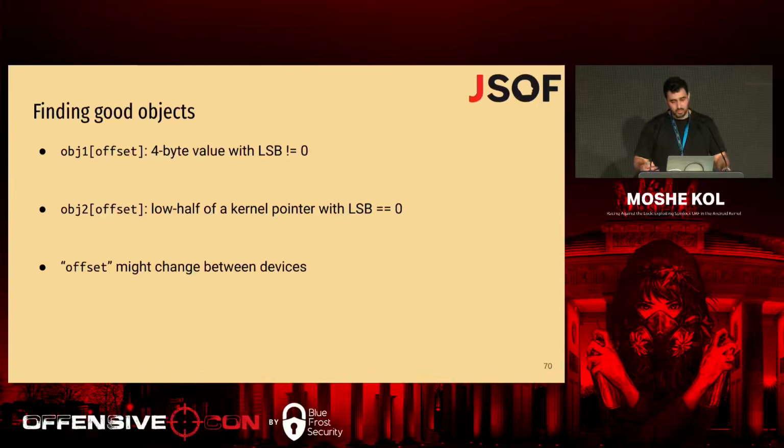And for the second object, we need to have a low half of a kernel pointer with a least significant byte of 0. Further, we need to control the lifetime of this object. And remember that the offset changes between devices, so we don't want to be looking for different objects for every version. We want 2 objects to rule them all.